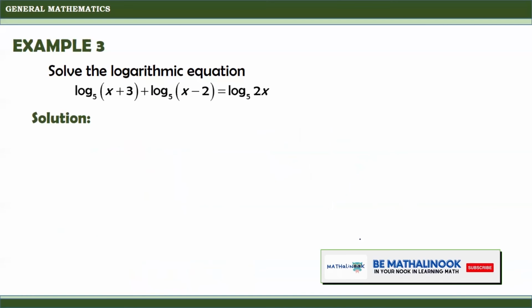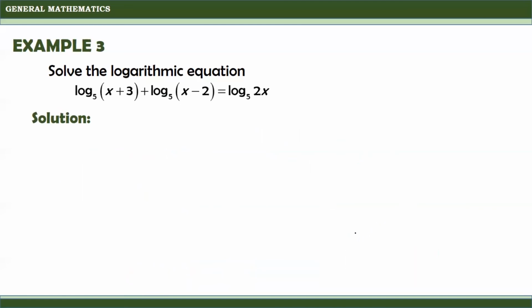For our last example, we have the logarithm of x plus 3 to the base 5 plus the logarithm of x minus 2 to the base 5 equals the logarithm of 2x to the base 5. Since we have an addition here, what we need to do is to multiply x plus 3 and x minus 2.